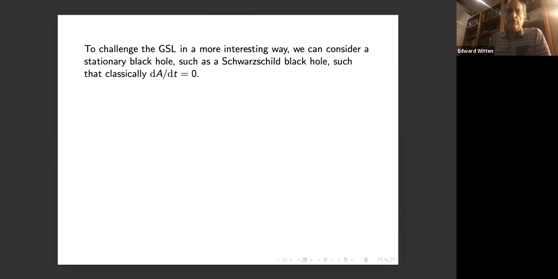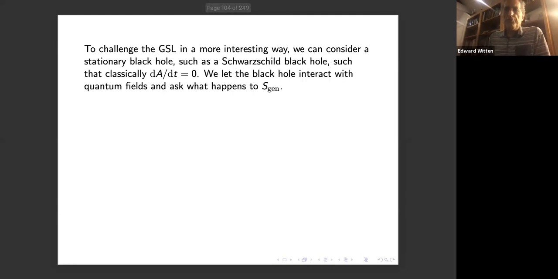To challenge the generalized second law in a more interesting way, we can consider a stationary black hole such as a Schwarzschild black hole, such that classically dA/dt is zero. We let the black hole interact with quantum fields, and we ask what happens to the generalized entropy.